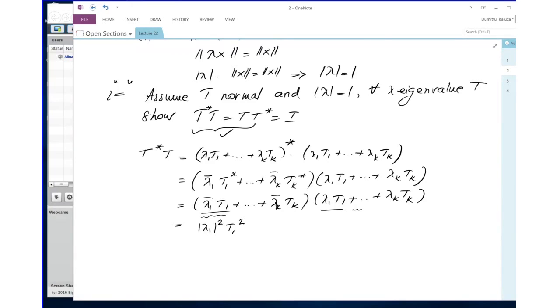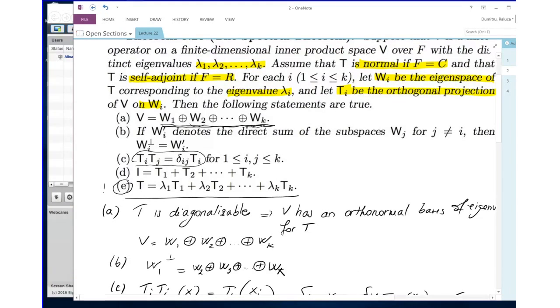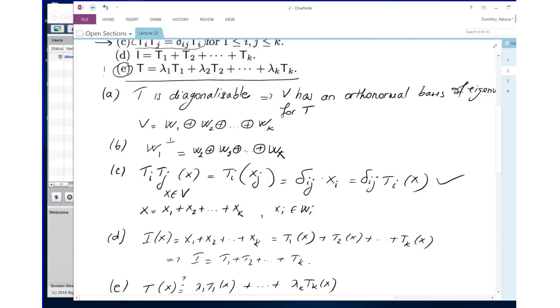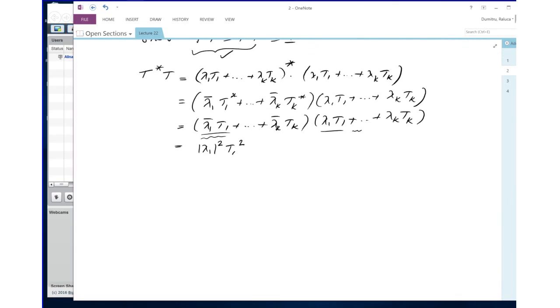Well, then I get T1 T2 composition. This is the main thing that I'm going to use. When you compose two of them, when i is different from j, what do you get? 0, because you have the Kronecker symbol in there, the delta ij. So T1 T2 is going to be 0. Same for T1 T3 and everything else. So all I'm going to keep from here are the ones that are, so I'm just going to multiply term by term like this, lambda 2 squared, T2 squared.